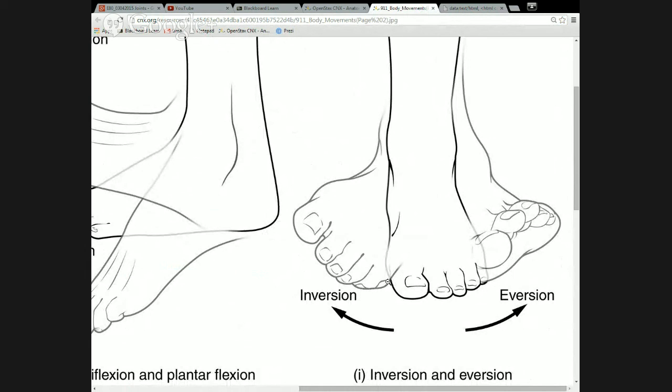Okay. So inversion is when you curl your foot medially inward so that the outside edge of your foot is kind of what you'd be walking on. And eversion is the opposite, where you're sort of rolling your foot to the outside and you'd be stepping on the inside edge of your foot.